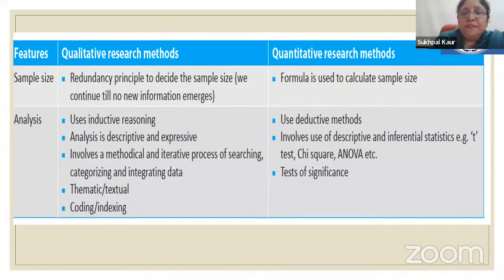So the method of getting out the information in qualitative research is entirely different compared to quantitative research, wherein we use various types of tests, descriptive and inferential statistics, depending upon the type of data we have, to get the results. And we always make use of tests of significance in quantitative research methods. So this is in brief about the differences between qualitative and quantitative research methods.